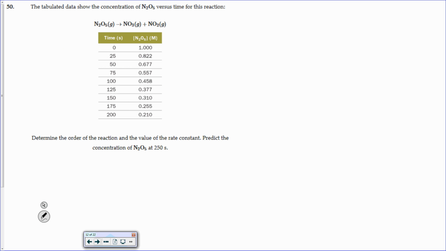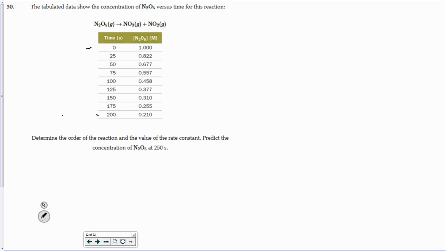Okay, problem number 50. So we've got some data for the decomposition of N2O5. It decomposes to NO3 and NO2. We've got from 0 to 200 seconds in 25-second intervals. And I need to know what is the order of the reaction.